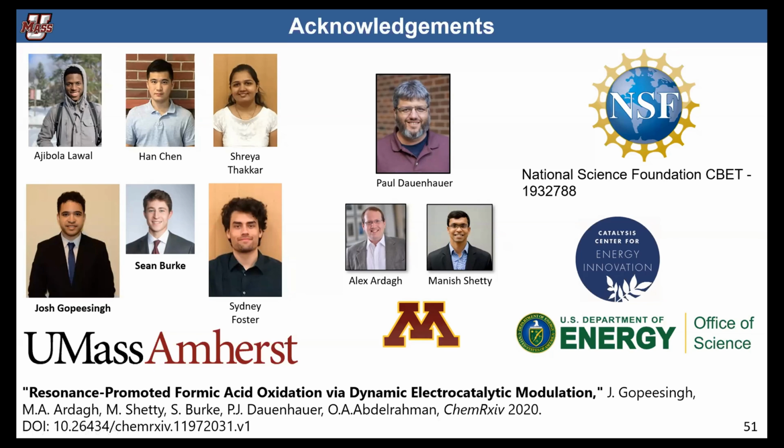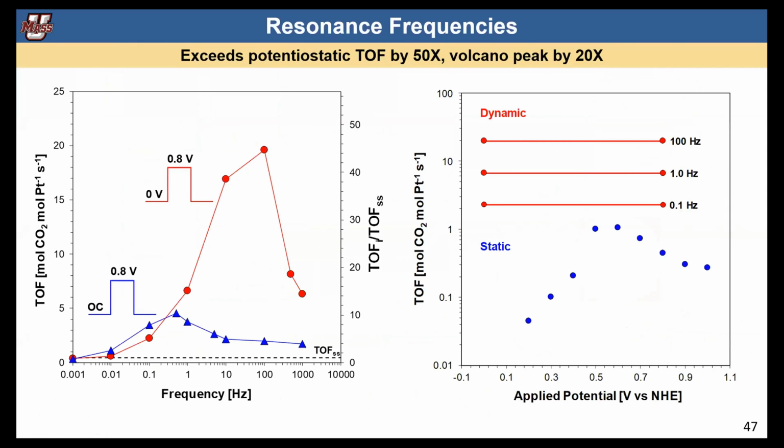Yeah, that's a great question. So it would come down to what's really limiting you. If the counter electrode is what starts to limit you in any way, yes, you would likely find a different resonant frequency. The situation would likely become more complex. We don't know just yet what would happen. But yes, what we're showing is when the working electrode is what's limiting you, independent of how the counter electrode is performing.